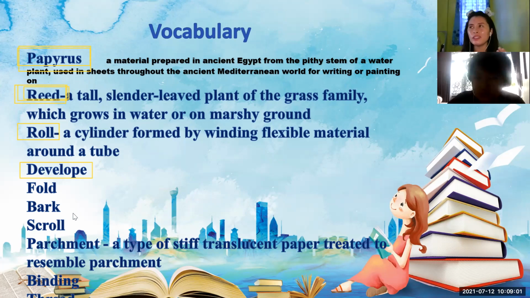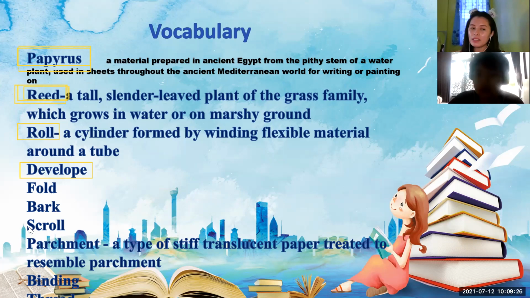During the ancient time, they used the bark of a tree, the wood of a tree, to produce paper to be used as a book. They use the bark of the tree so that they can make it a paper and write on it.